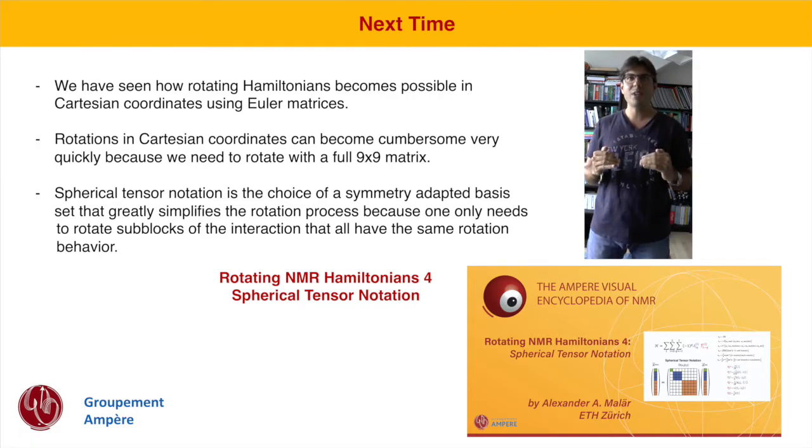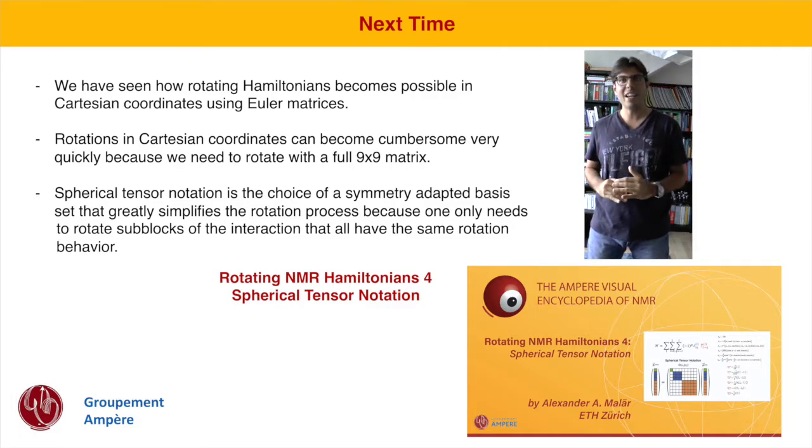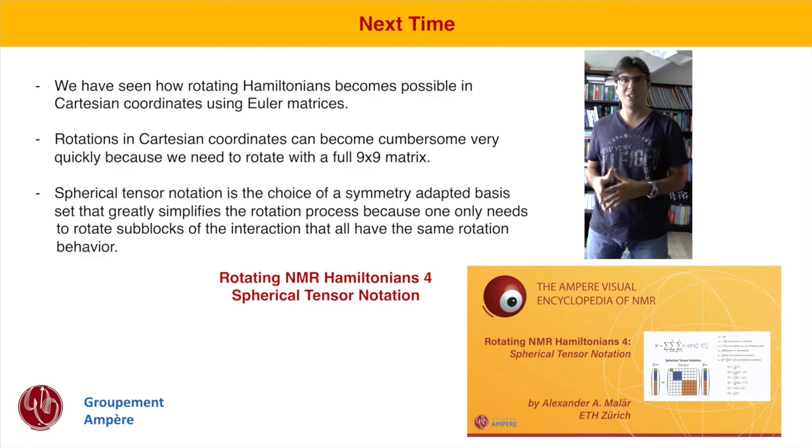And then in the end, we have learned that if we take a spherical tensor notation for our Hamiltonians, meaning that we are taking a special symmetry adapted basis set in which to rotate our Hamiltonians, then the rotation becomes much simpler, because you're taking your full coupling matrix and subdividing it into blocks that all have a different rotation behavior, and then your rotation matrix becomes much simpler because you just rotate the individual blocks.